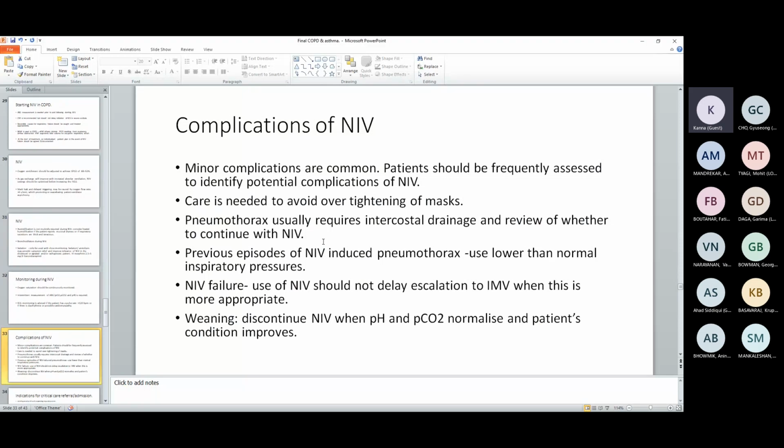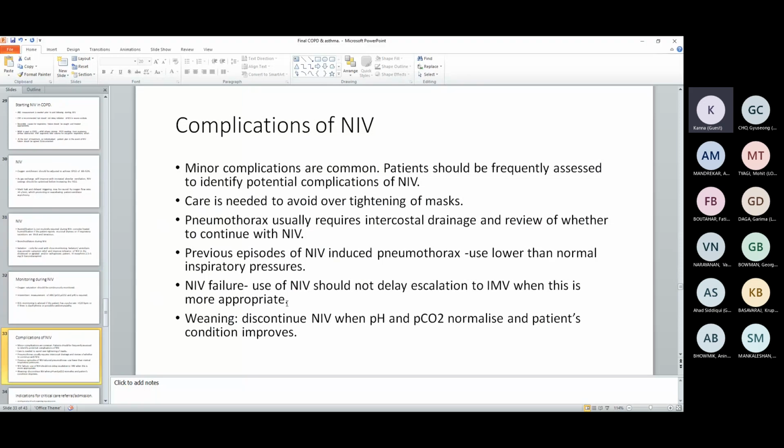If the patient has a previous history of NIV-induced pneumothorax, then we should go with lower inspiratory pressures. But NIV failure is another common problem. If we are suspecting NIV failure, then we should go for invasive mechanical ventilation without delay.